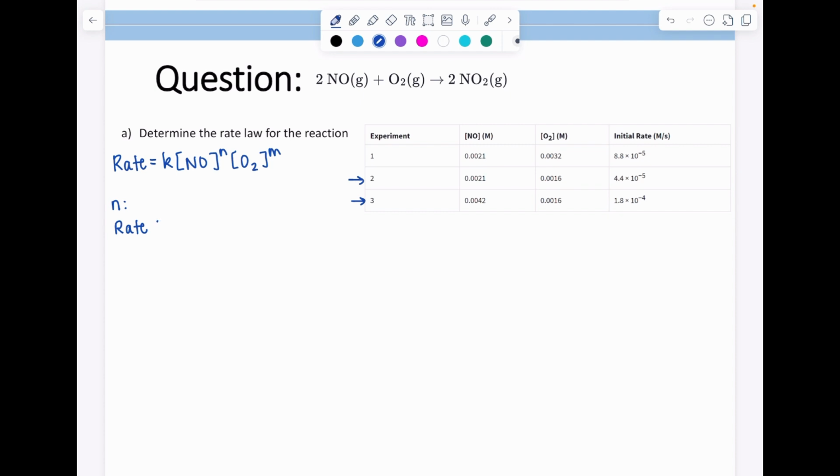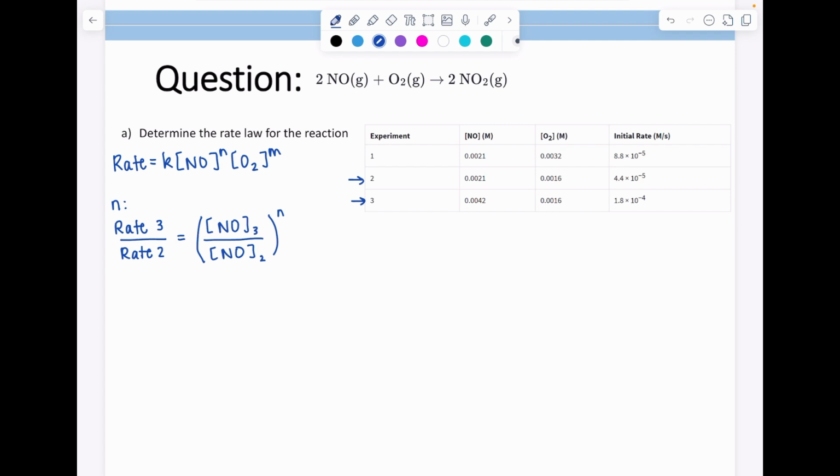So we'll take rate 3 over rate 2. This is equal to the concentration of NO for experiment 3, that's what that subscript is, divided by the concentration of NO for experiment 2, raised to the power of n.